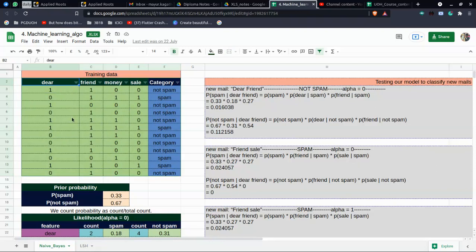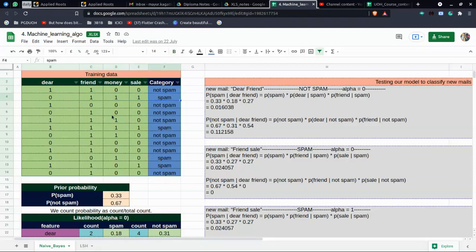After removing all the stop words and everything, in these 12 emails I have just 4 distinct, unique words, just for simplicity. And the category is spam or not spam, which is done by some human, so this is the ground truth. If the mail is dear friend, it's not spam.